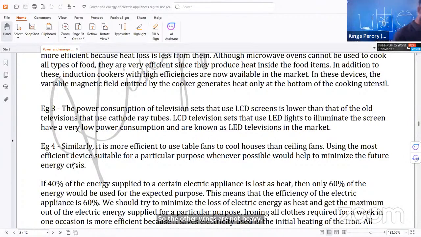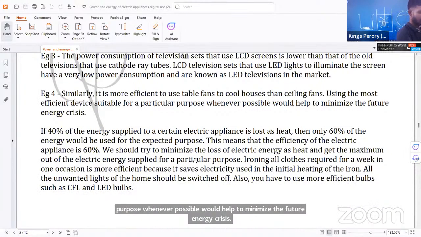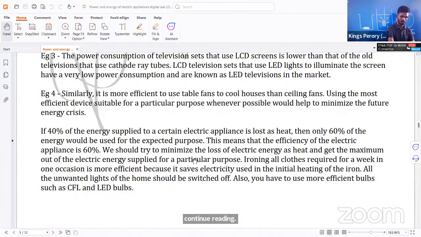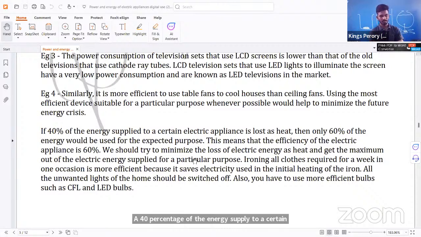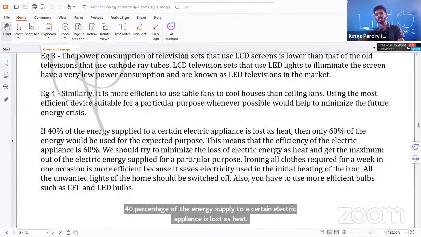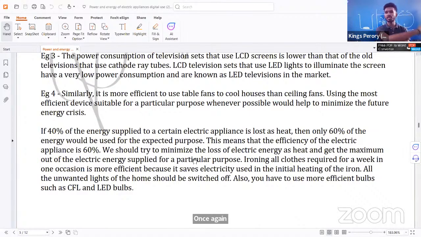Continue. Using the most efficient device suitable for a particular purpose whenever possible would help to minimize the future energy crisis. Continue reading. If 40% of the energy supplied to a certain electric appliance is lost as heat, now you all tell me, what's the efficiency? 60%.